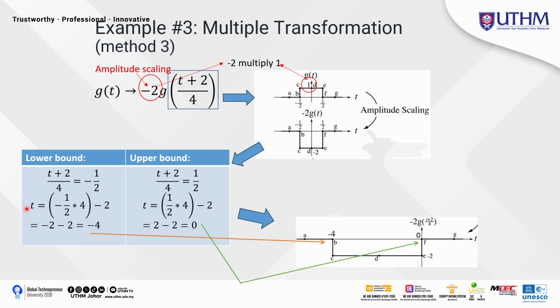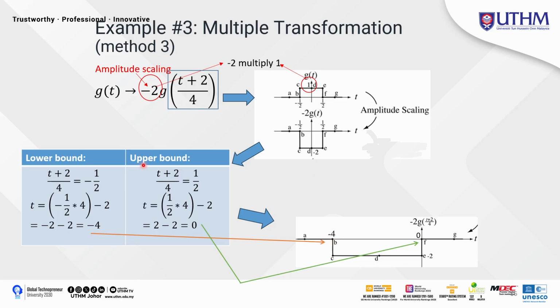Then you bring the 4 to the right-hand side, so you get negative half multiplied with 4 minus 2. So t equals negative 2 minus 2, which equals negative 4. This is equivalent to the latest value of the lower bound.